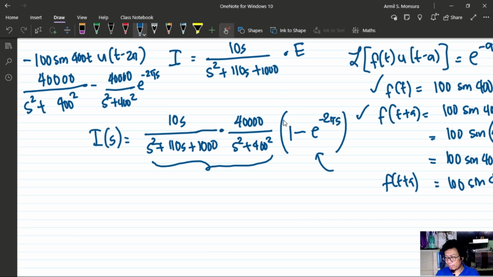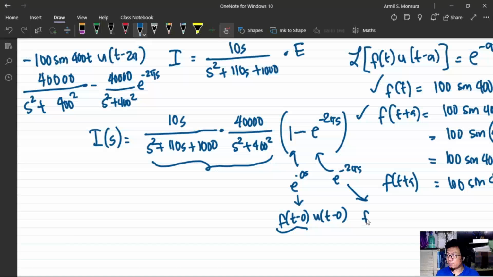Essentially this is e raised to negative 0s, whose inverse Laplace transform is f of t minus 0, u of t minus 0, and f of t is this one. While for this one, e raised to negative 2 pi s, its inverse Laplace becomes f of t minus 2 pi, u of t minus 2 pi.